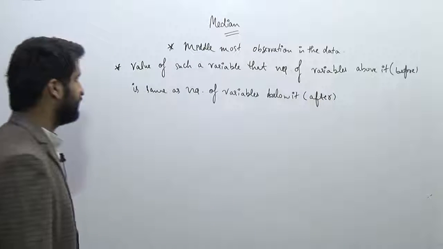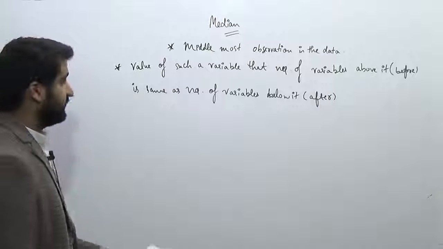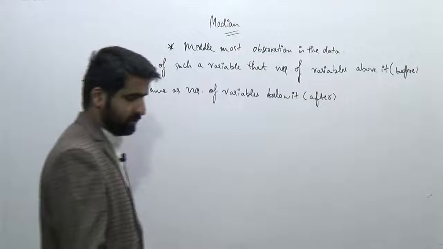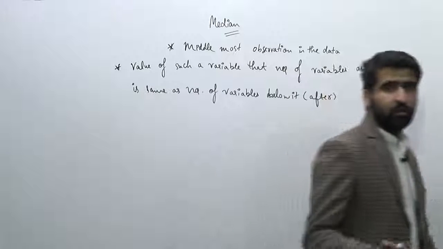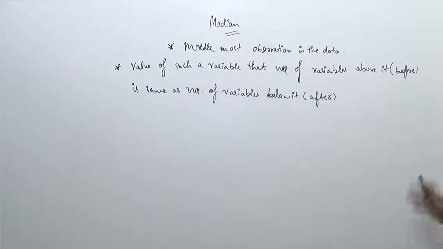So this is the basic definition of a median: the number of variables above it or before it is equal to the number of variables after it.